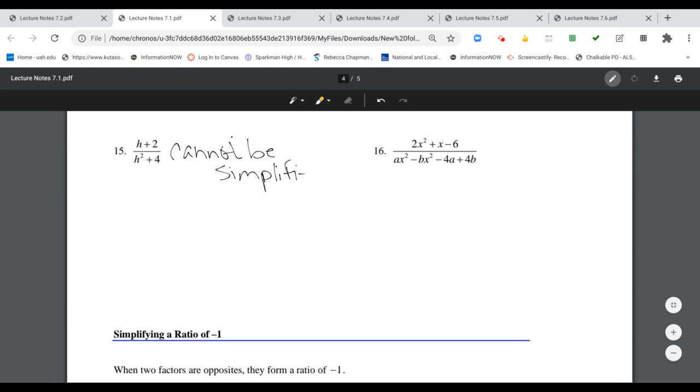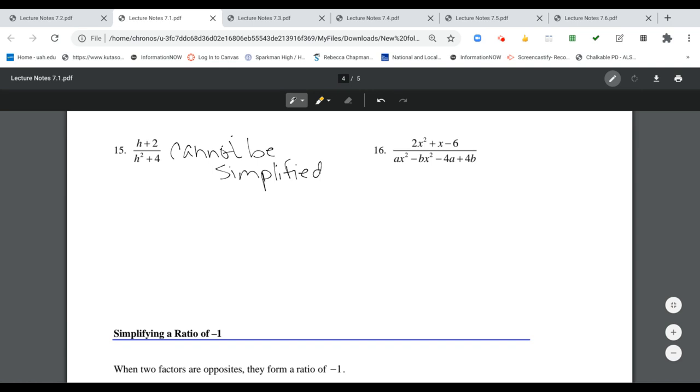Because I cannot factor my numerator, and I cannot factor a sum of squares. You can only factor a difference of squares. So since I can't factor anything or break anything down and cancel that particular fraction, there's nothing you can do with it. So there's nothing I can do with that particular problem.